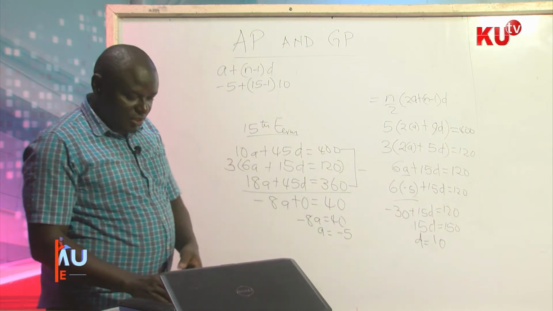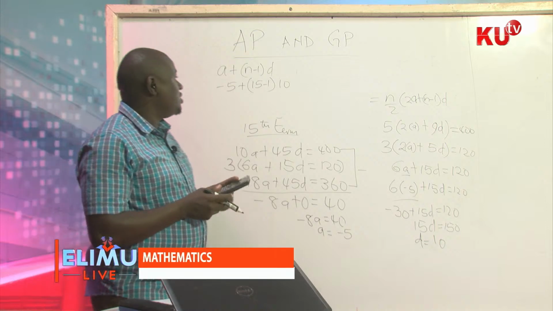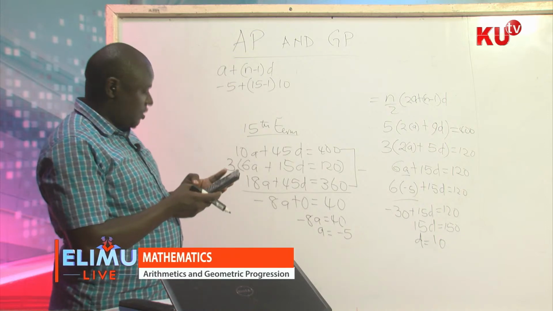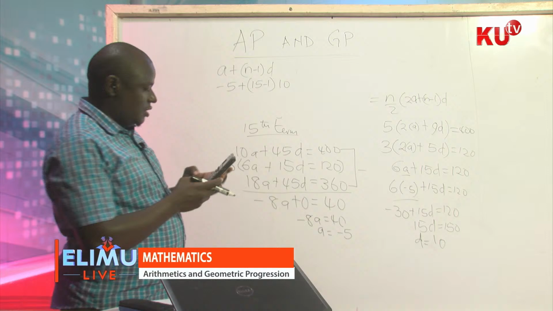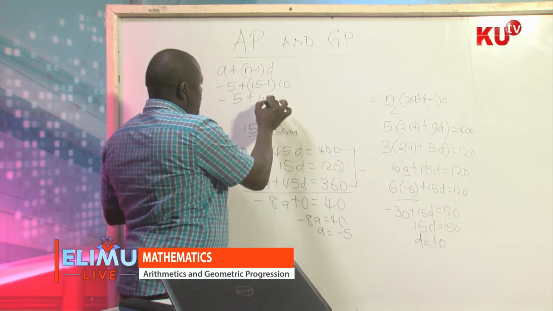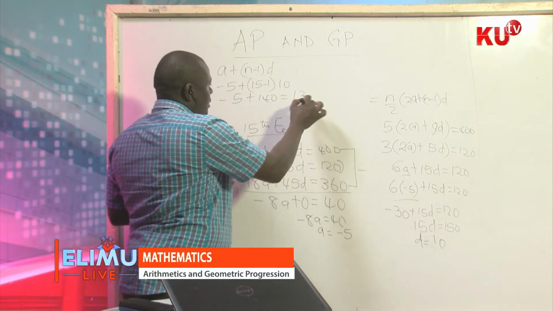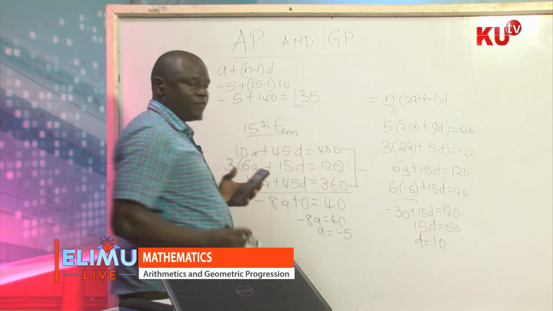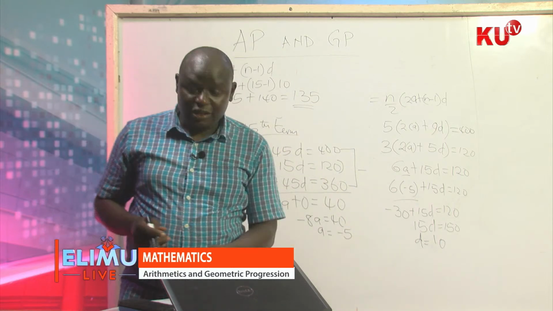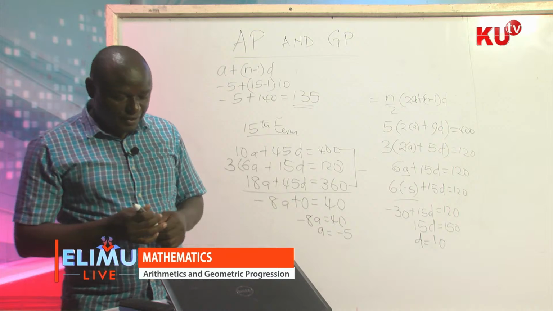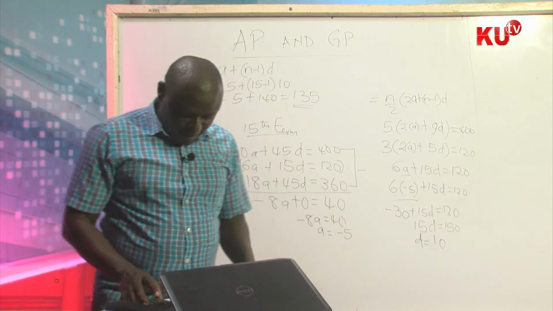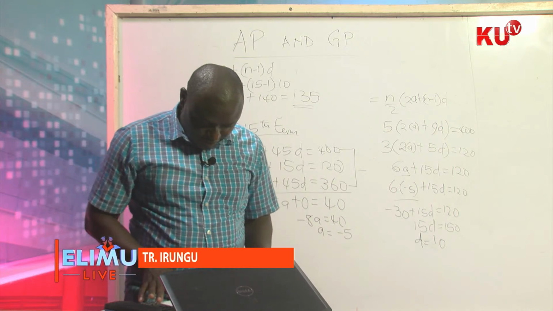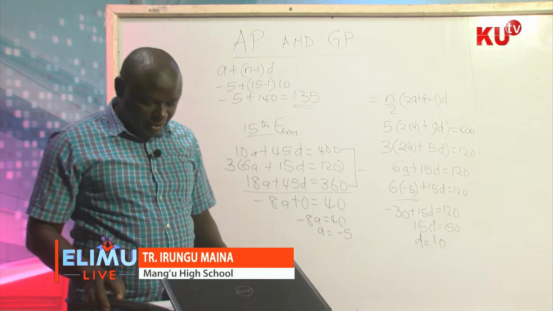In that case, just take your calculator and punch in those numbers. That's 14 times 10. That's minus 5 plus 140, giving you 135. Is that clear? I know it is very, very clear.